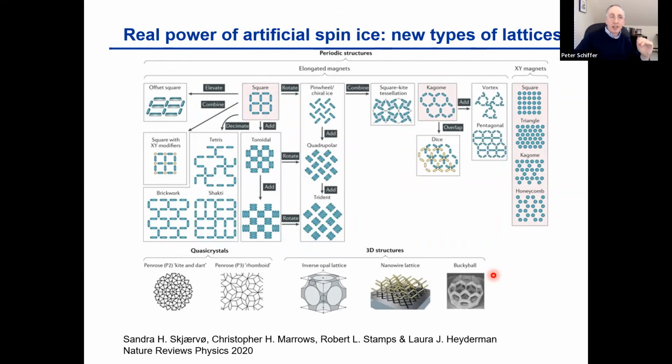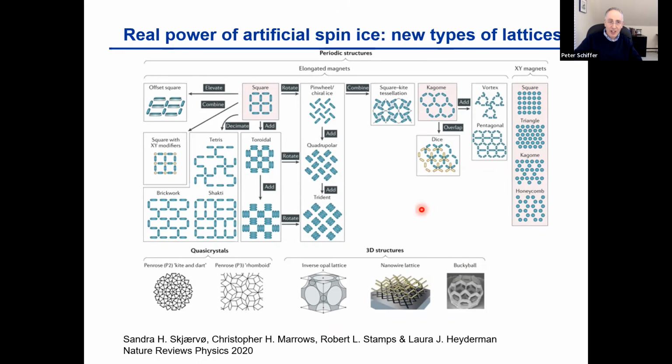It turns out that one of the real powers of artificial spin ice is that there are lots of different lattices, and I'm not going to give appropriate credit, just credit to all the different groups that have worked on artificial spin ice systems. This came from a review article that these folks wrote a couple years ago. Nice image showing a lot of the different lattices that people have made.